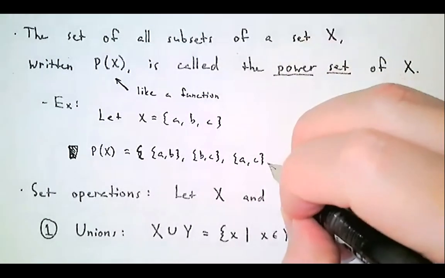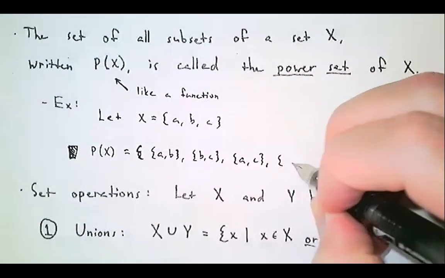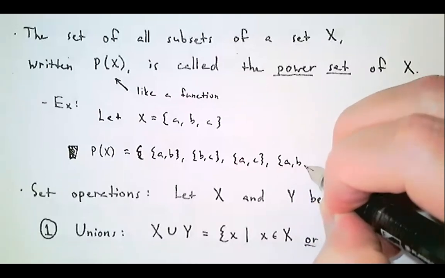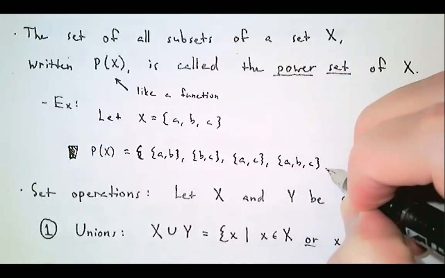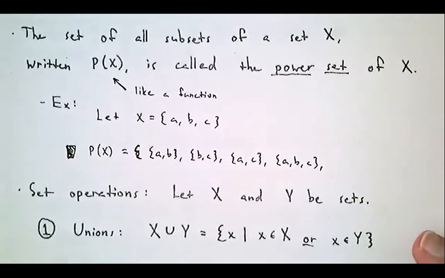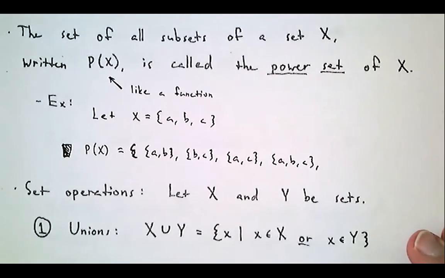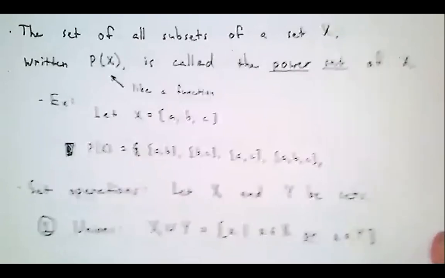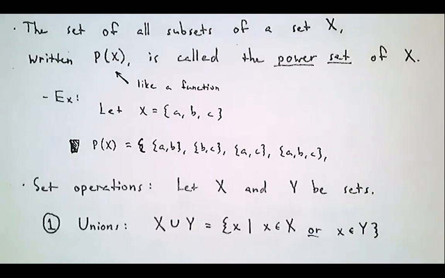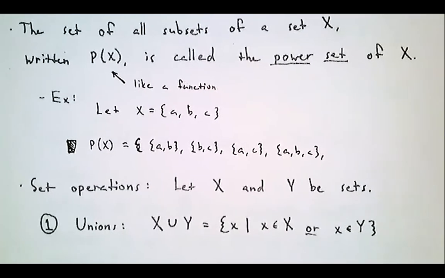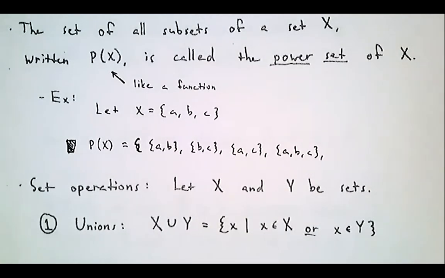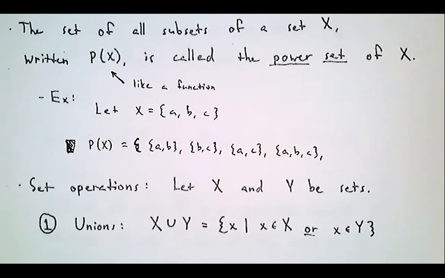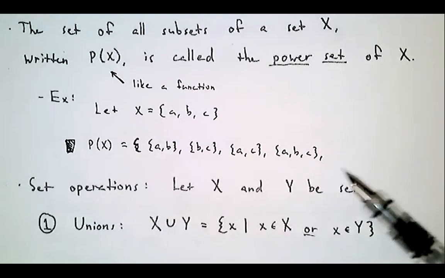Yeah, as a subset. Right, the whole set is also a subset because all of the elements are contained. Good. It is confusing, I agree, the first few times that you see it, and then you just kind of get used to the idea. Can anyone else think of other subsets? There's a few more that we've missed. Individual elements. A, B, and C individually. Okay, so we've had 3 answers.